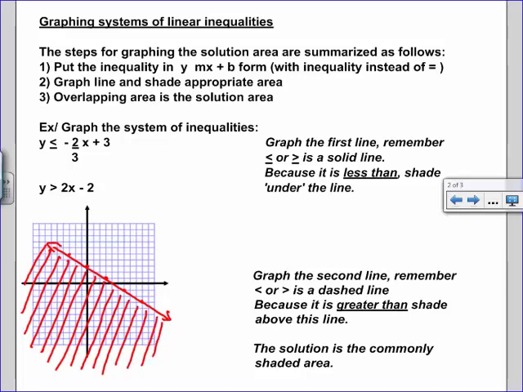Okay, so we've graphed the one inequality. Now we'll go to this one. The y-intercept, -2. And the slope of 2 is up 2 over 1. And this line will be dashed, as noted over here. If it's just less than or greater than and not or equal to, you do a dashed line.